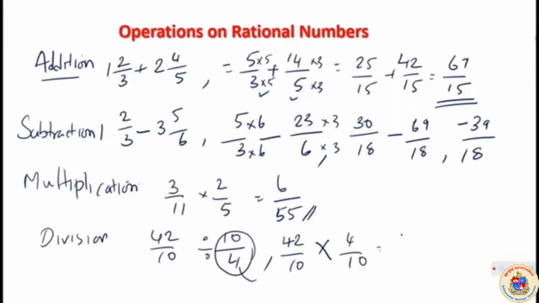That is 168 upon 100. This is what you studied in the previous classes. So you have studied the fundamental addition, subtraction, multiplication and division of rational numbers. I went a little quickly because you know it.